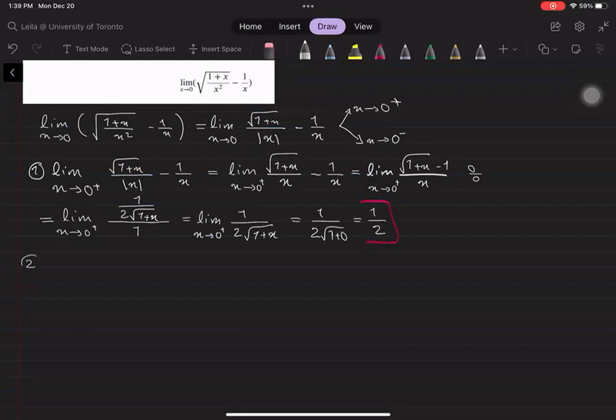Now you want to get the left-hand limit, so this time your absolute value is going to be negative. So minus the square root of 1 plus x over x, minus 1 over x. Limit as x goes to 0.